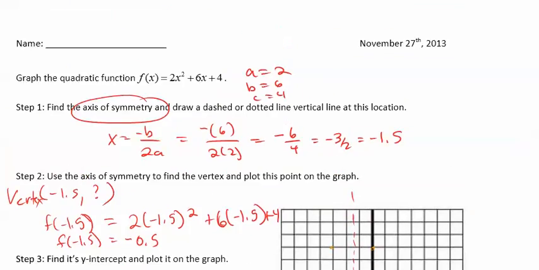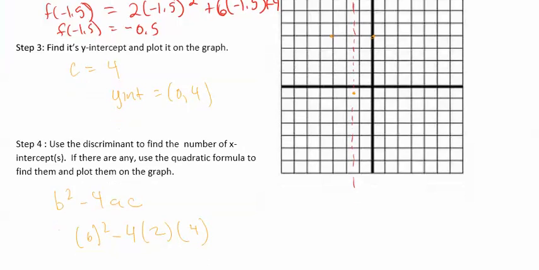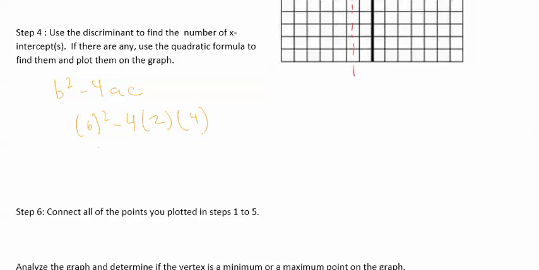Okay, so we have 6 squared minus 4 times 2 times 4. And so when we get that, we get 36 minus 4 times 2 is 8, and then times 4, that would give us 32, so minus 32. So again, b squared minus 4ac is greater than 0, not much greater than 0, but it's still greater than 0, and so we should have 2 x-intercepts.